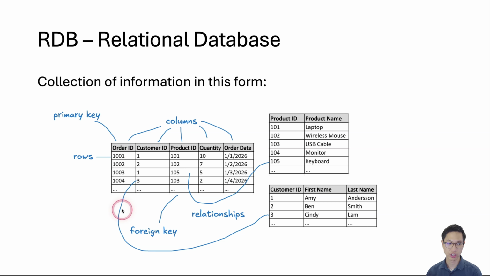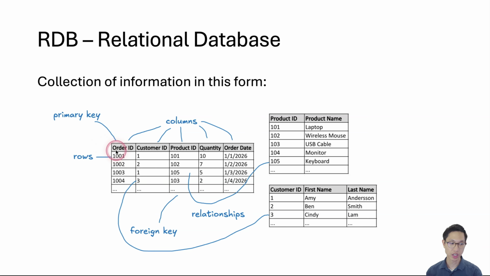If you take a look at the relational part, first you have different columns. So it's organized into columns and rows. The horizontal are rows, the vertical are the columns, right? The first column here, you can see order ID. It could be a primary key here.